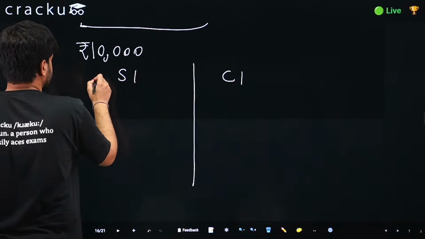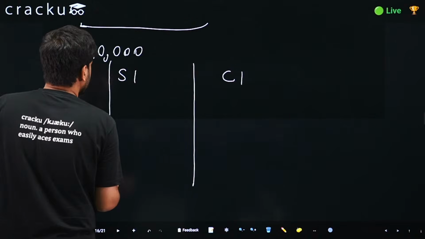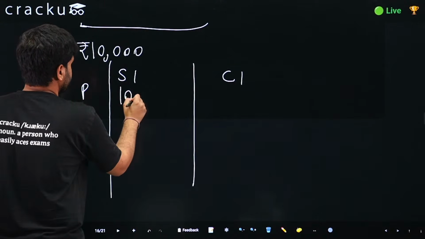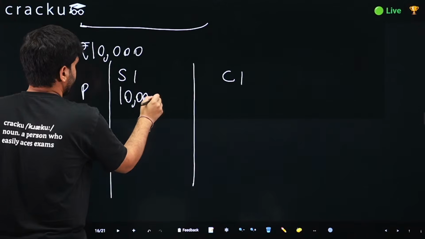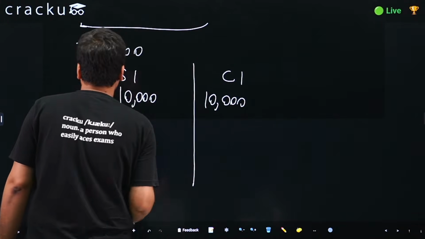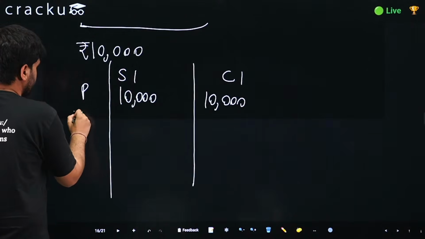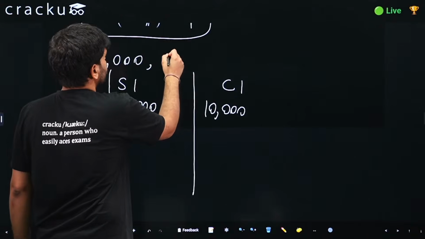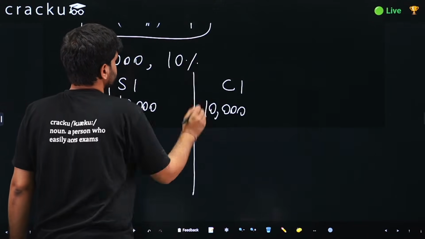We will take both the cases here. Here the initial principal is 10,000. Here as well, 10,000. Now, year 1, let us assume the rate of interest is 10%.